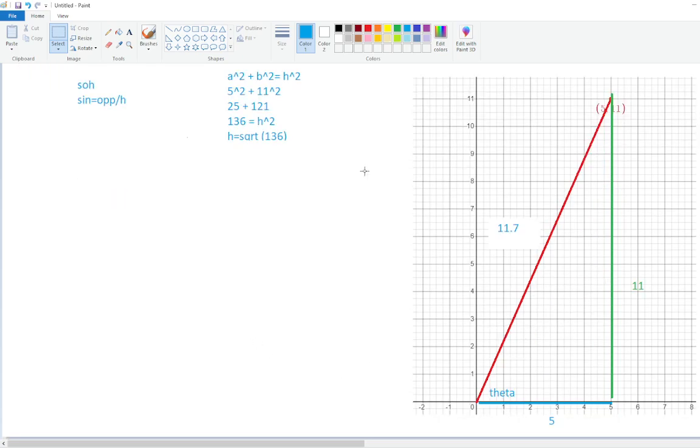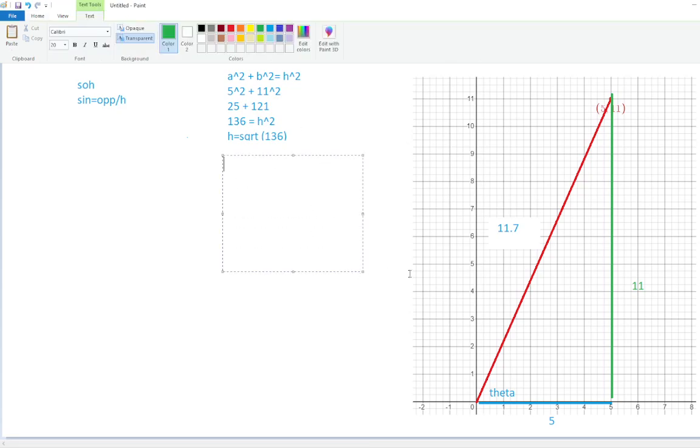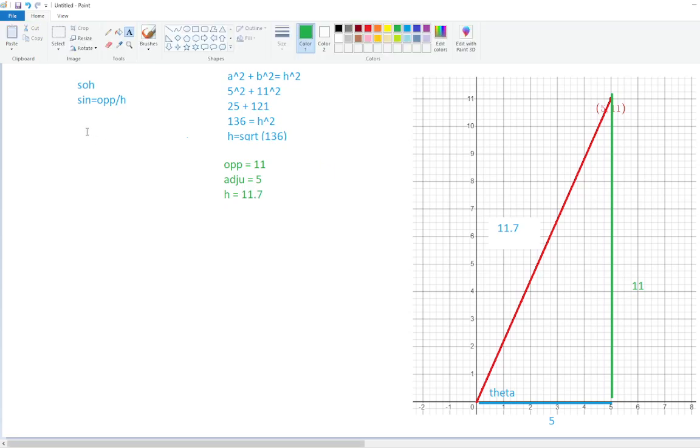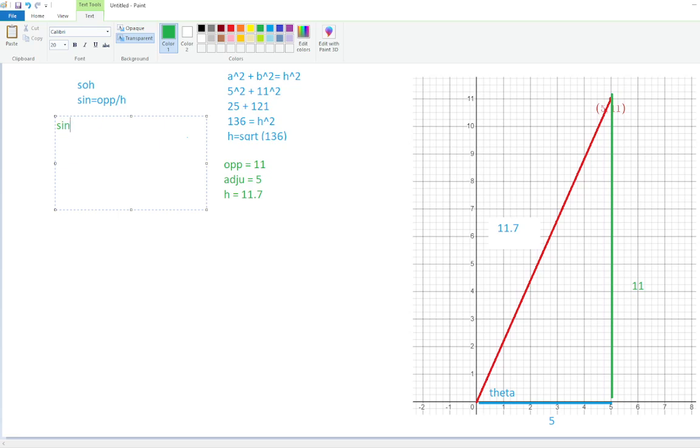That means you now have your opposite. We can label them all if we want to be efficient. My opposite to angle theta is 11. My adjacent is 5. My hypotenuse is 11.7. So we can now use SOHCAHTOA. That means the sine of theta is equal to the opposite over hypotenuse, 11 over 11.7.